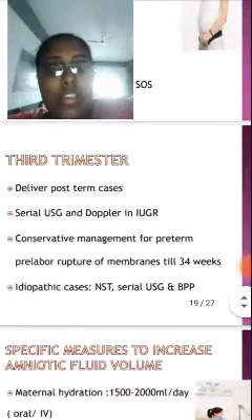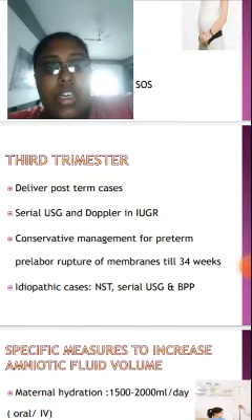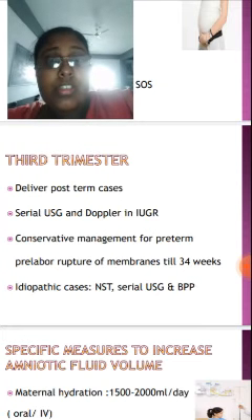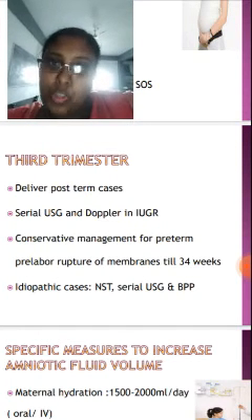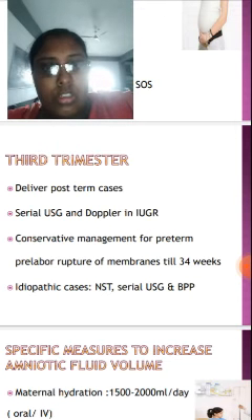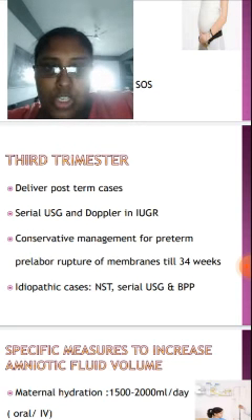So in the third trimester, what are the things? Deliver postterm cases. If the reason for hydramnios is a postterm pregnancy, that is, it exceeds 40 weeks or 42 weeks, then terminate the pregnancy. Then ultrasonography and Doppler study for IUGR should be done.